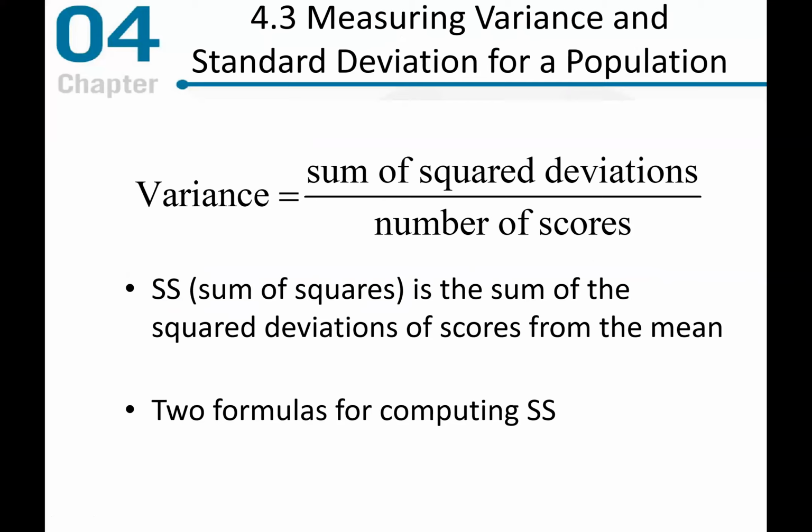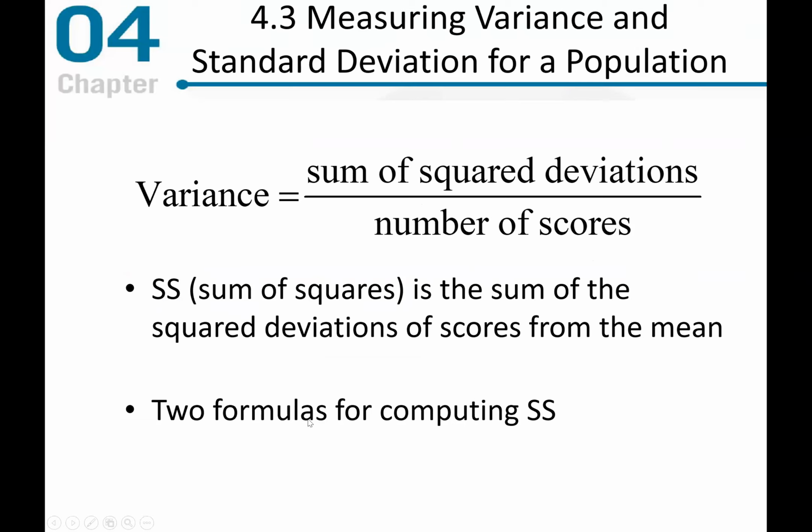So measuring the variance and the standard deviation for a population. Again, the variance equals the sum of the squared deviations, or SS, divided by the number of scores. SS, the sum of squares, is the sum of the squared deviations of scores from the mean.